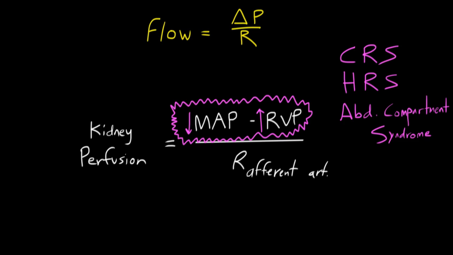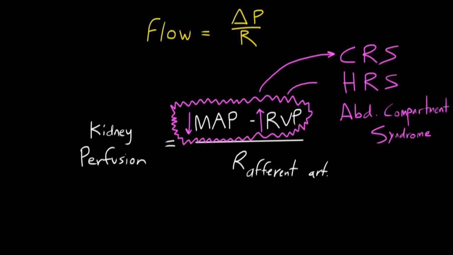Also, let's consider common clinical scenarios where you'll see both low mean arterial pressure or arterial inflow to the kidney with very high renal venous pressure. And a couple of these, the cardiorenal syndrome. So this is some combination of either low arterial inflow or high renal venous pressures, or both, that's reducing kidney perfusion.